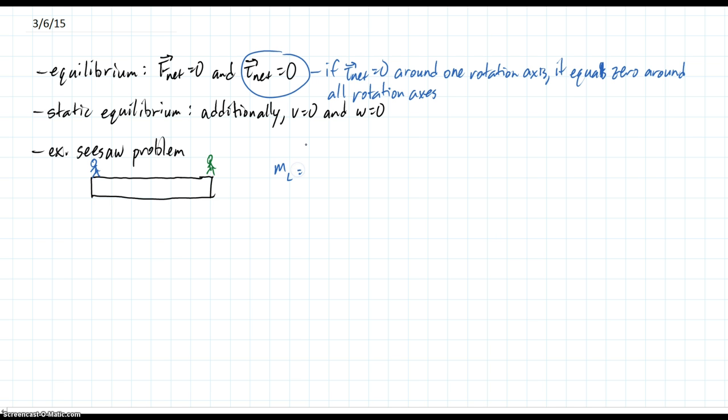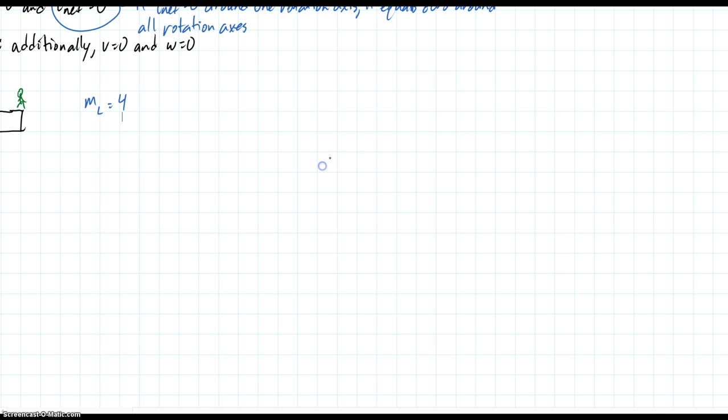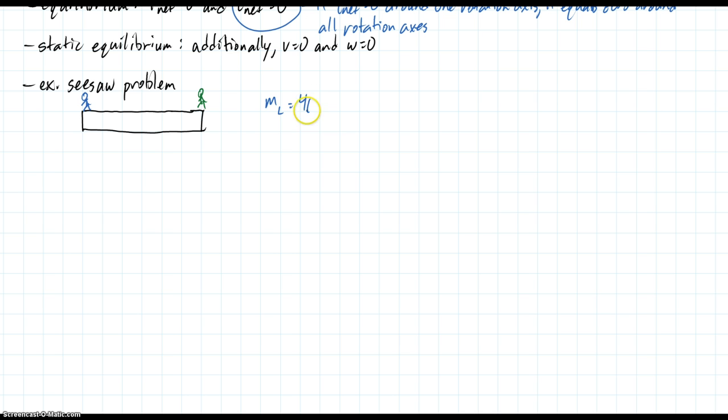The mass of the person on the left is 40 kilograms. The mass of the person on the right is 30 kilograms. And the mass of the seesaw itself is 20 kilograms.